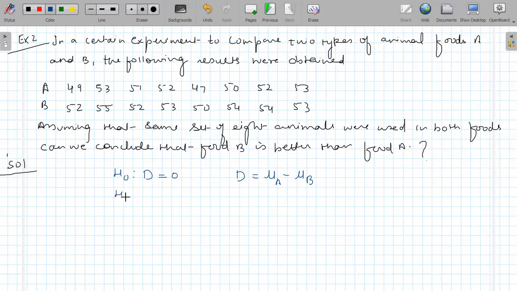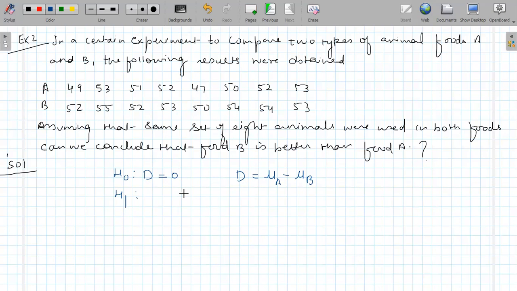Then we set the alternative hypothesis, because we have to check that food B is better than food A, which means the value of D is less than 0.